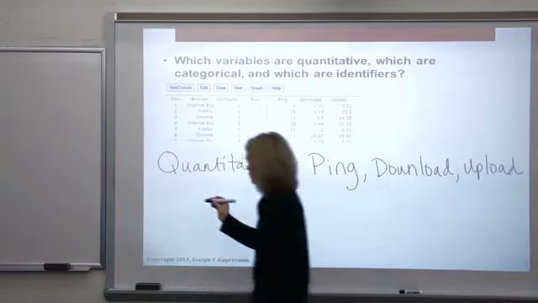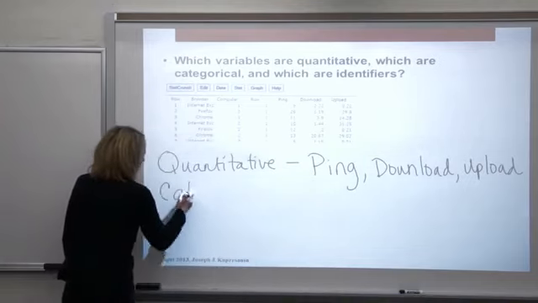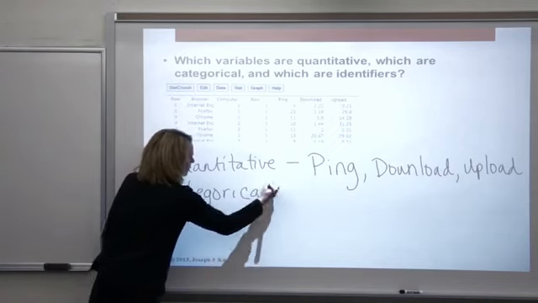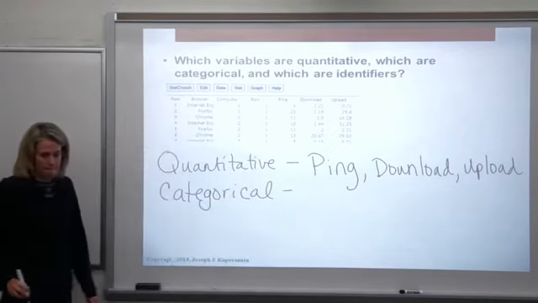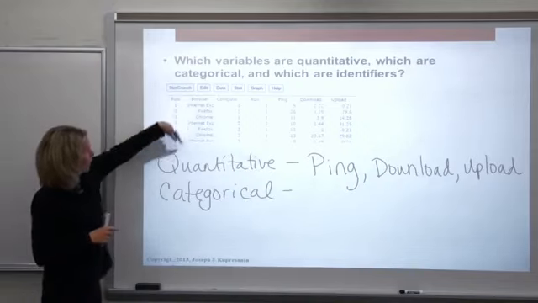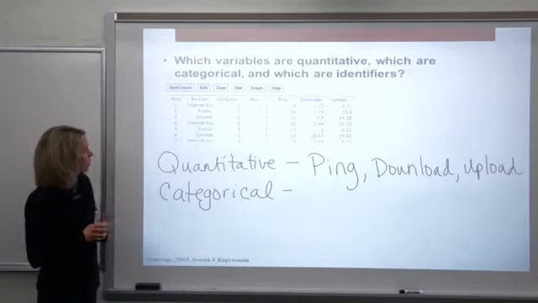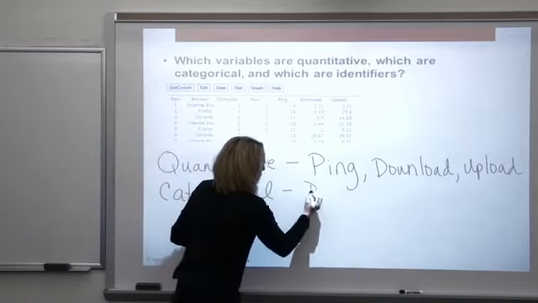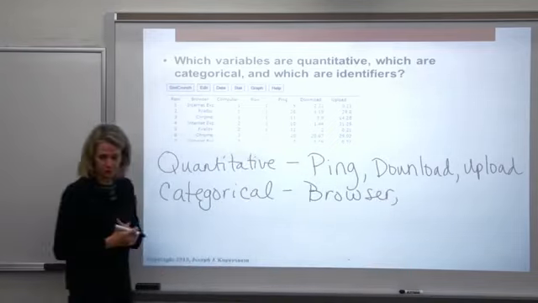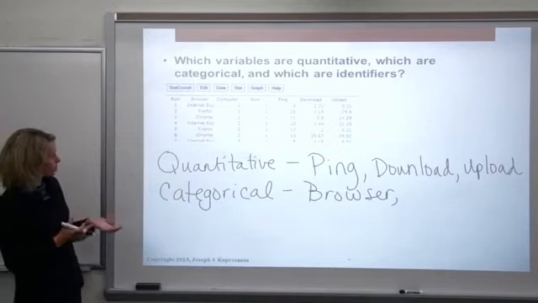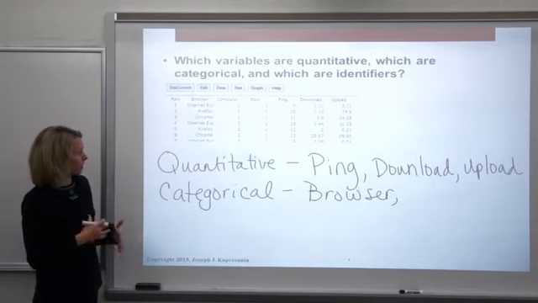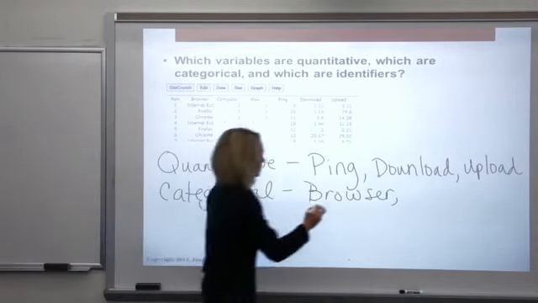All right, how about categorical? Categorical, we've got which browser was used. That's a categorical variable. The computer you could think of as a categorical variable, and same thing with row. They're identifying there.